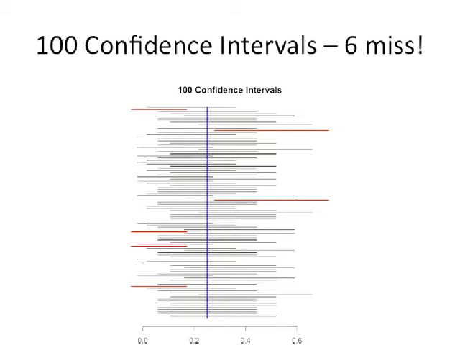And yes, there's 6 red. Why are they red? They're red because those are the ones that do not include the truth. So that's pretty good. Roughly 95% of my 100 confidence intervals include the population parameter, and roughly 5% don't. So that's what's going on with confidence intervals.